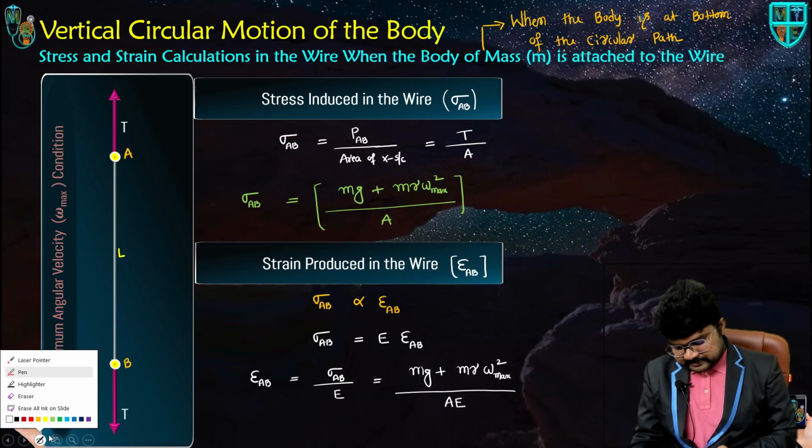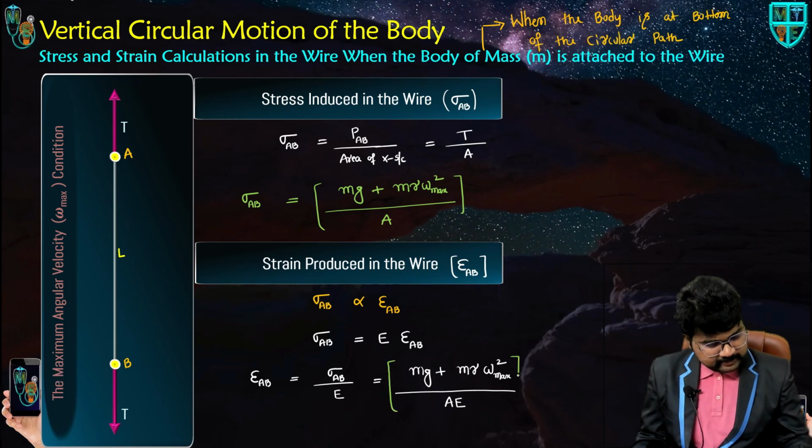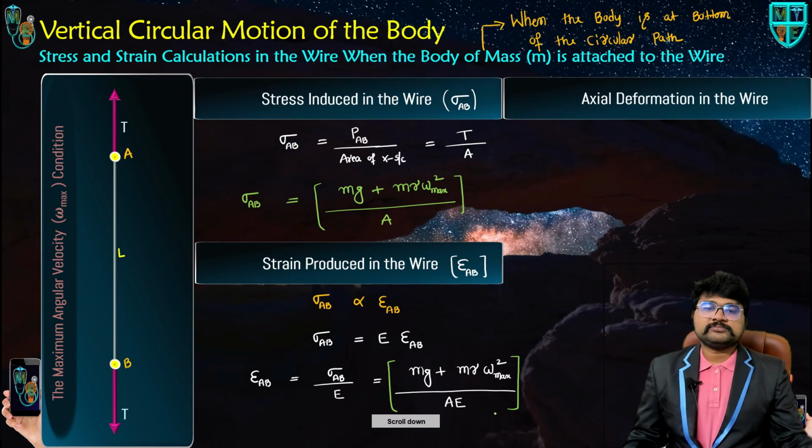This would be the strain produced in the wire.